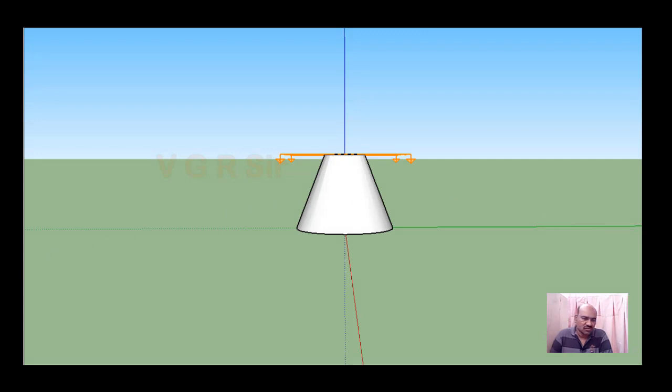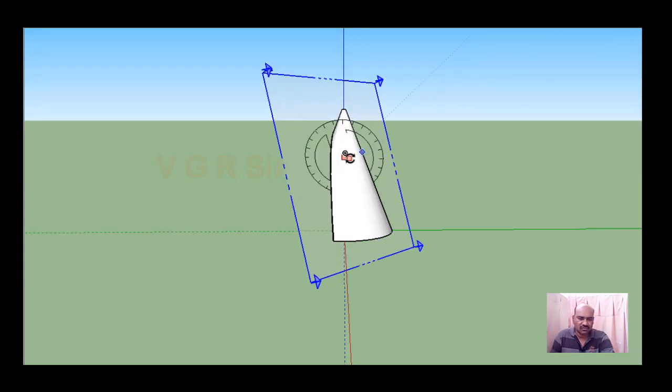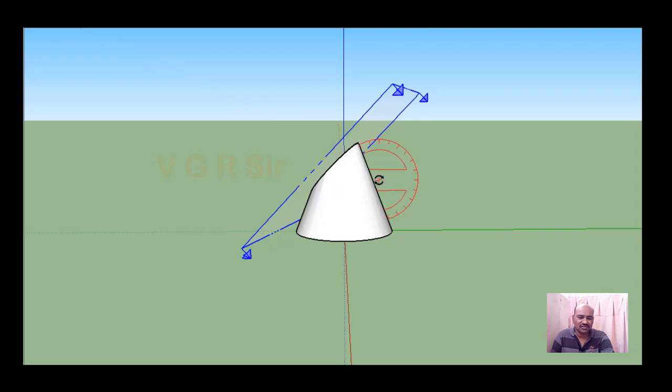So here I am using a protractor. Observe the students, this angle beta is not equal to 90 degree, which is less than 90 degree.